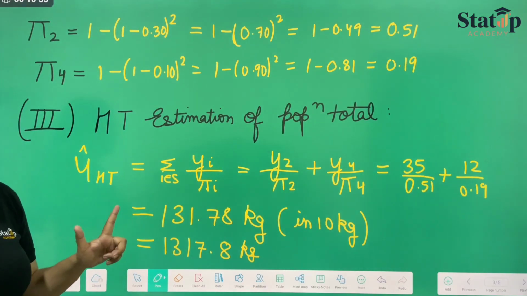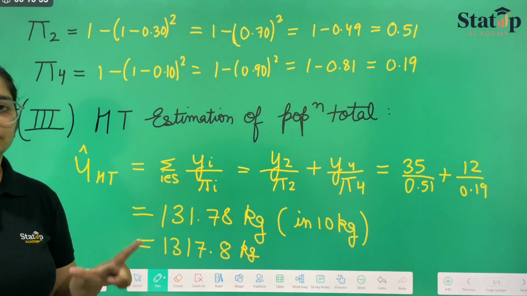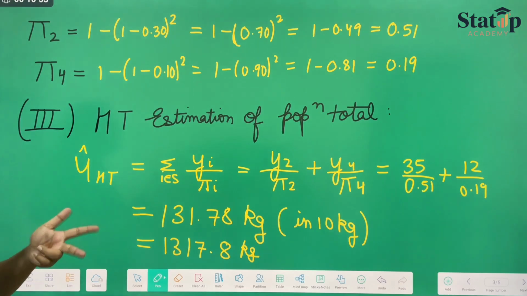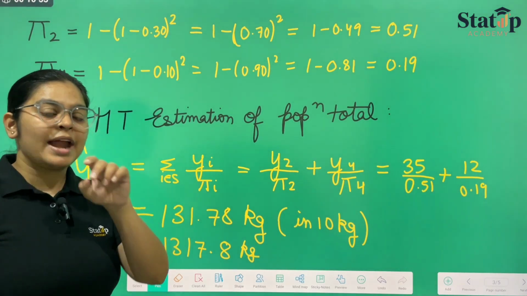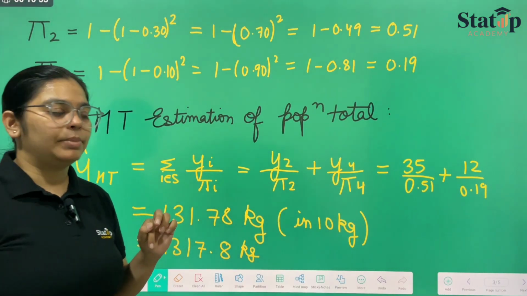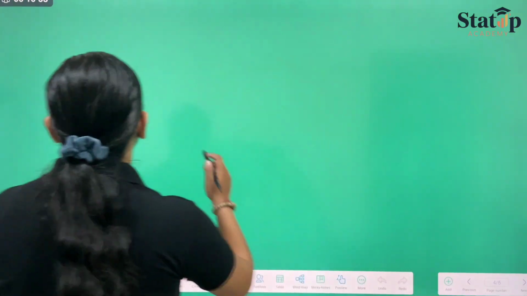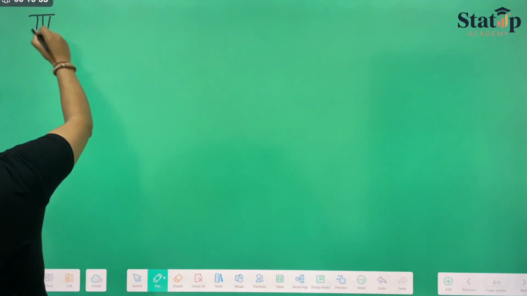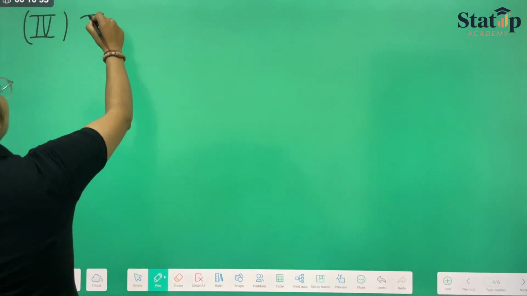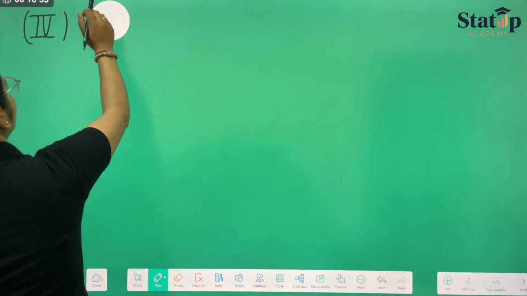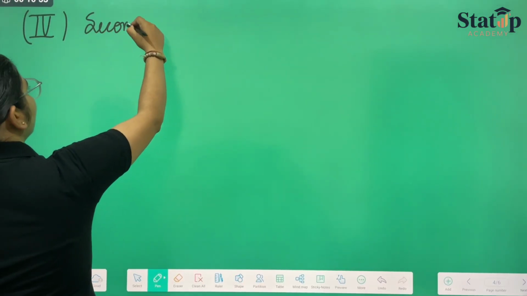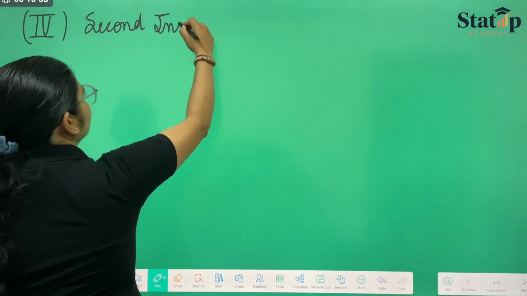We have found the first inclusion probability. Now we will find the second inclusion probability, and then we will find the sample error. So the next step, the fourth step, is the second inclusion probability.